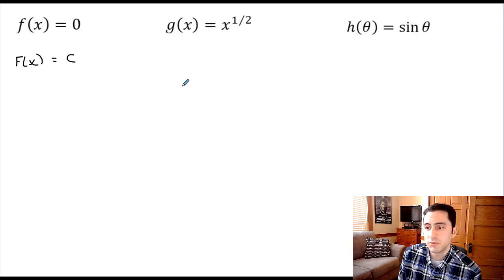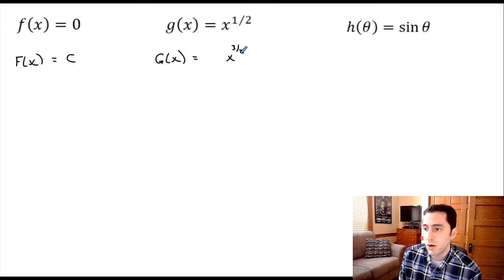Moving on to the next one, g of x is equal to x to the 1/2 power. So capital G of x is our antiderivative. So our process, thinking backwards, so I need to add 1 to my exponent. So 1/2 plus 1, that's going to be an exponent of 3/2. And the second step, I need to think about a coefficient that I would need to include to make sure everything simplifies properly.